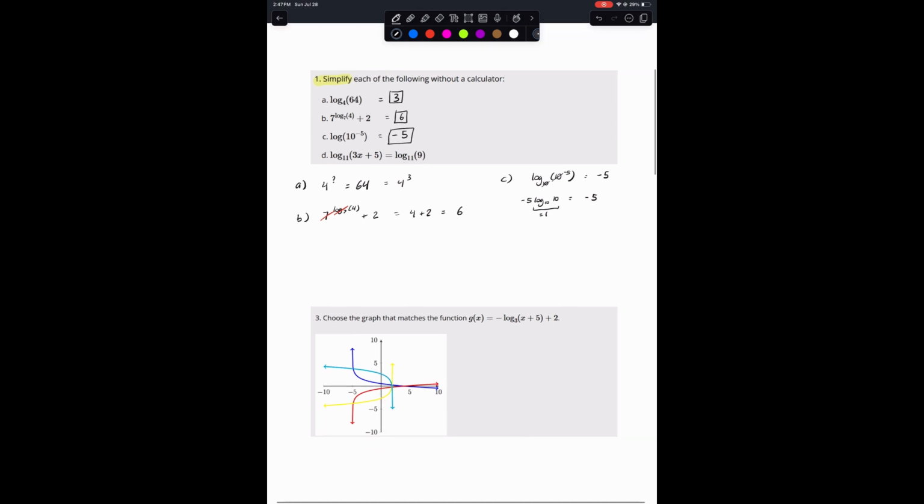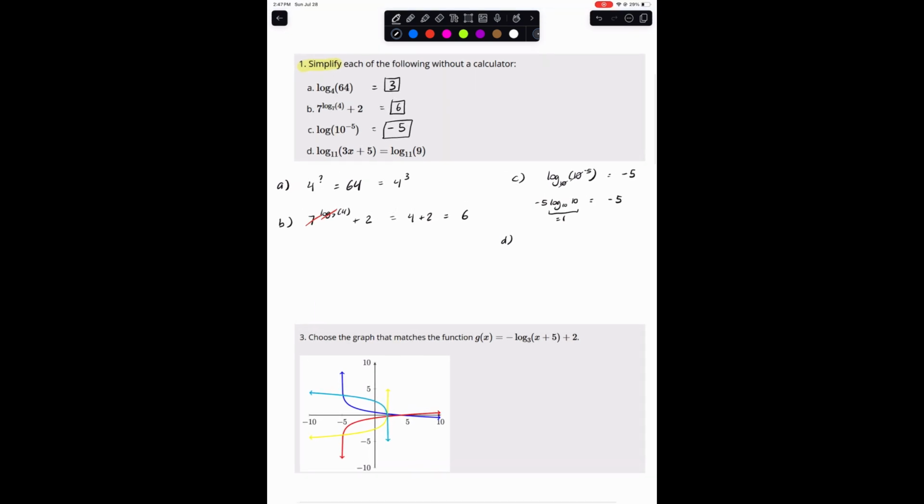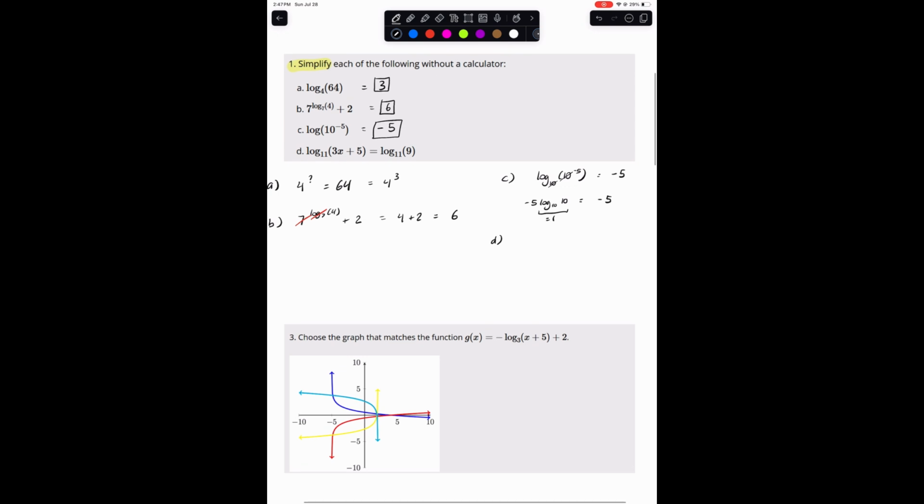Now part D looks like we're going to solve for x. We have the same log base on both sides, so we can set the arguments equal to each other. We'll simply get 3x plus 5 equals 9. 3x equals 4, x equals 4/3.